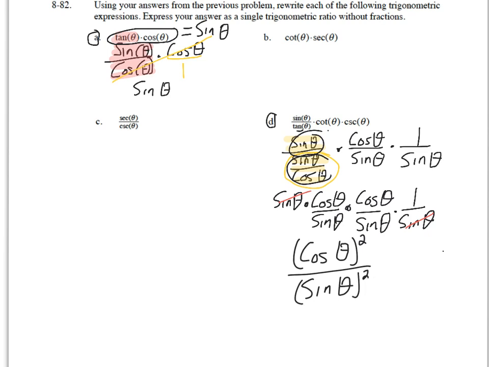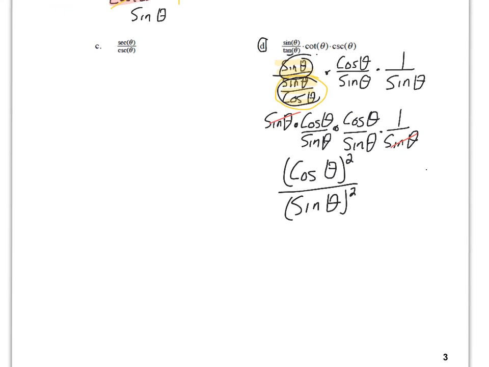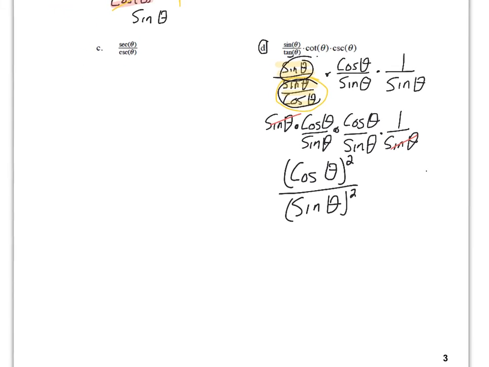Well, if my numerator is squared and my denominator is squared, then that would be the same as cosine over sine, squared. So cosine theta over sine theta, squared, and cosine divided by sine is cotangent theta, squared.